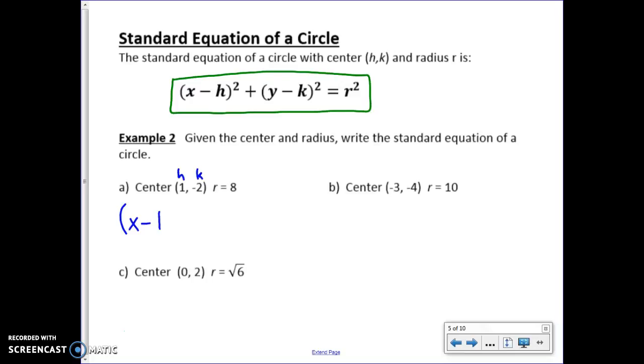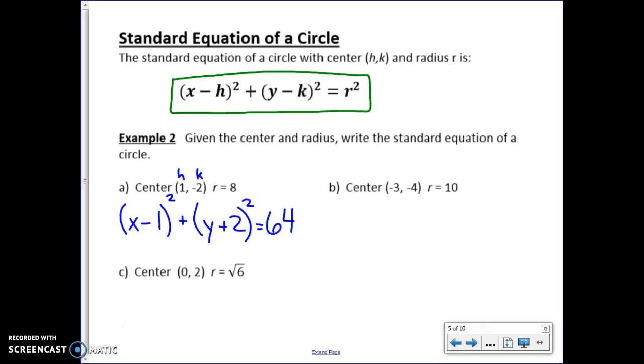So I have x minus 1 quantity squared plus y minus a negative 2. And anytime we have minus a negative, we could change that to a plus 2 quantity squared is equal to r squared. So if the radius is 8, then this would be 64. And do go ahead and multiply that out. Don't leave that as 8 squared, please.